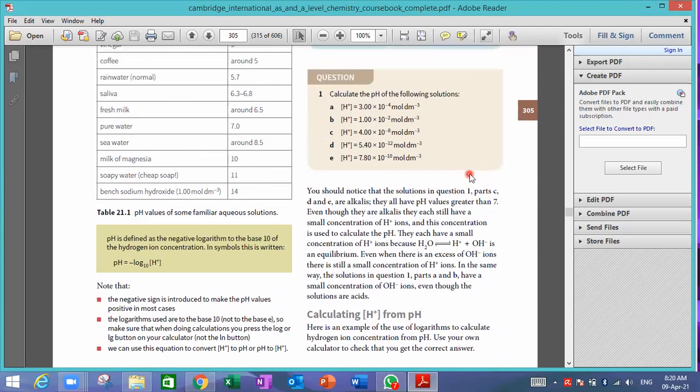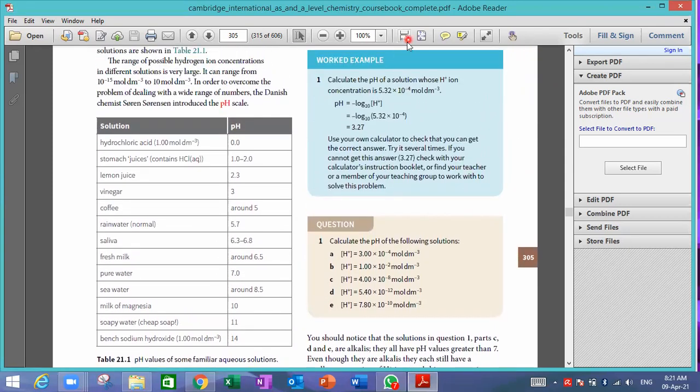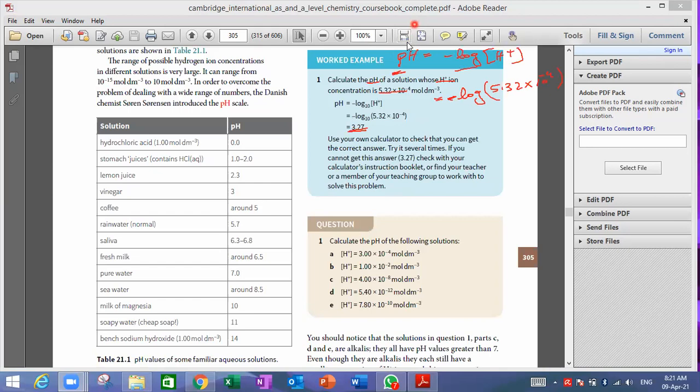Miss, I have a question. Why is there a 10 next to the log? We have mathematical functions. We have either ln or we have something called log to the base 10.